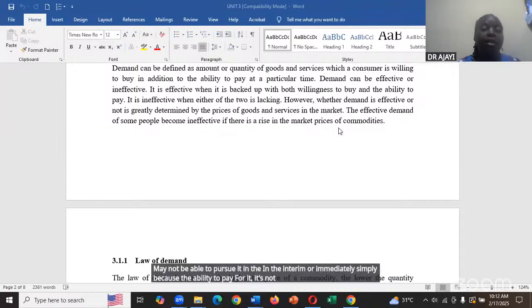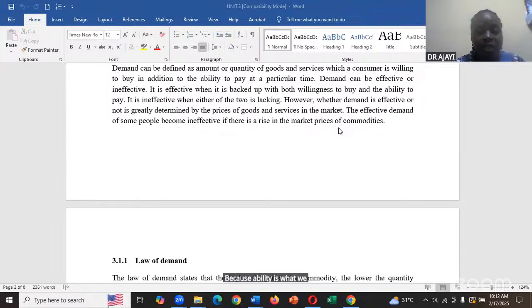And once the ability to pay is not there, the consumer definitely may not be ready, because ability is what instigates readiness.